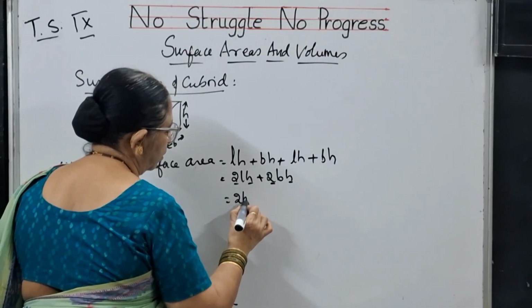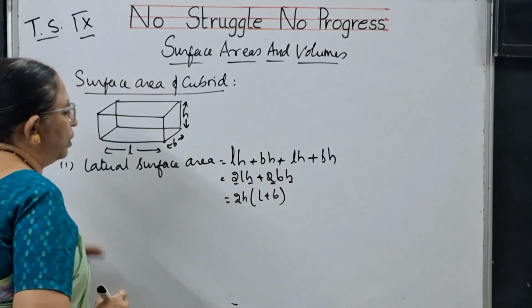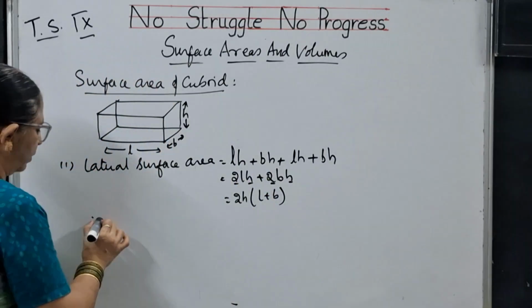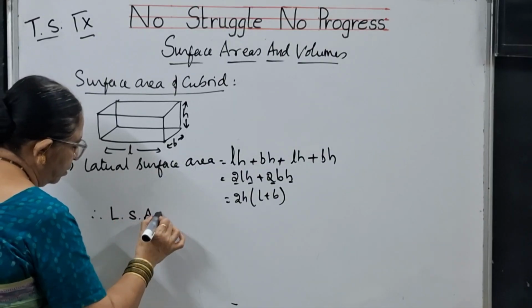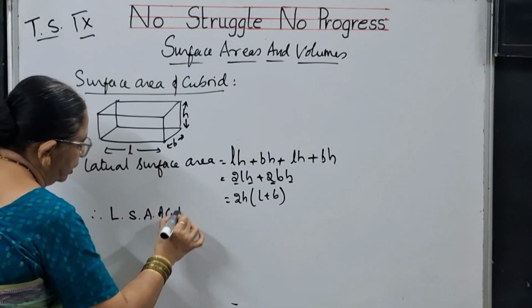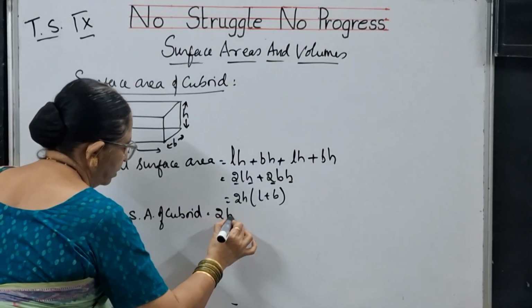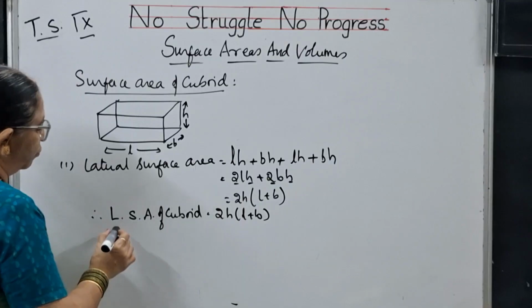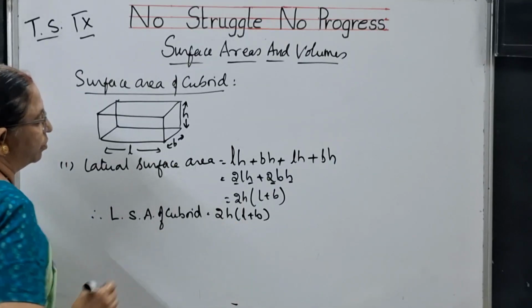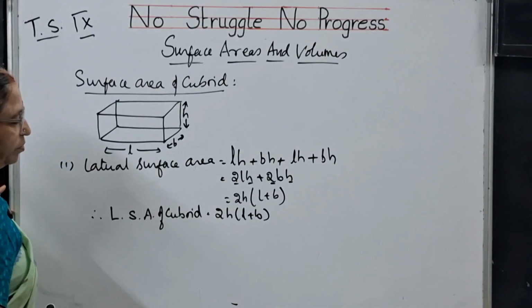So let us take 2H out. 2H into L plus B. Therefore, the lateral surface area of cuboid is equal to 2H into L plus B. This is the formula which you are going to use for solving the problems.